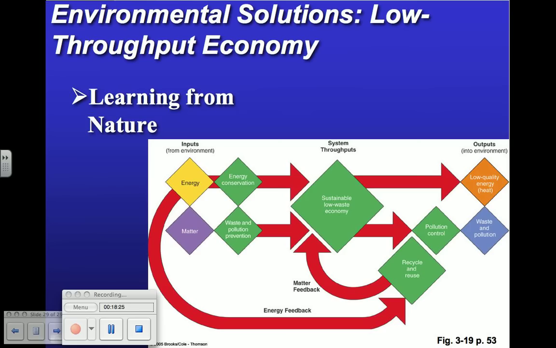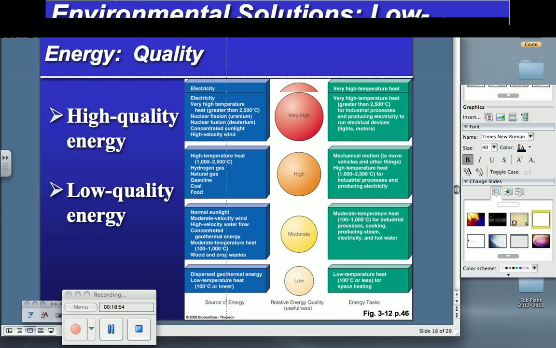The idea of energy conservation, waste and pollution prevention allows for a sustainable low waste economy, and an output of that is you're always going to have low quality energy coming out of it. Heat is going to be consumed and lost. But with that, you also have pollution control and you've got some waste and pollution. But can you recycle and reuse that material over time? I think that is it.